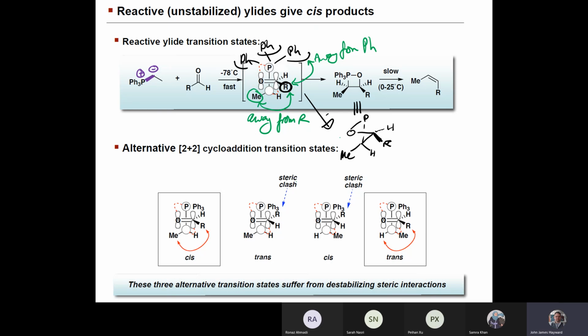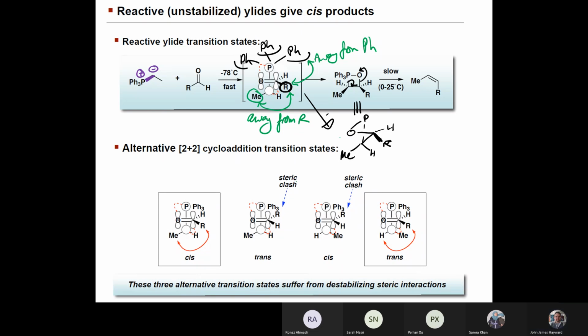Okay, so the H's end up being on the same side when that weird twisty transition state unwraps, which then means that the R and the methyl are on the same side. You then get a slow elimination of the triphenylphosphine oxide to give the double bond.